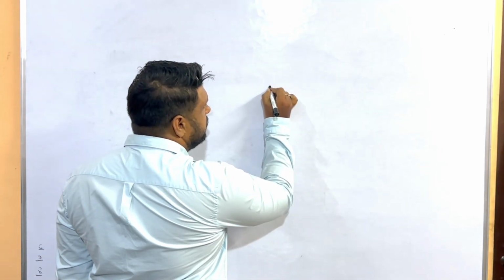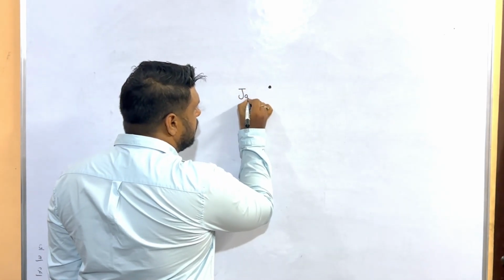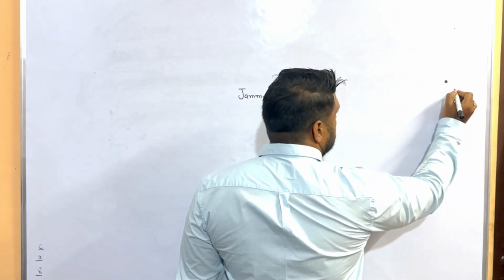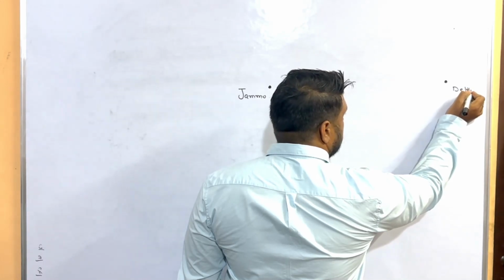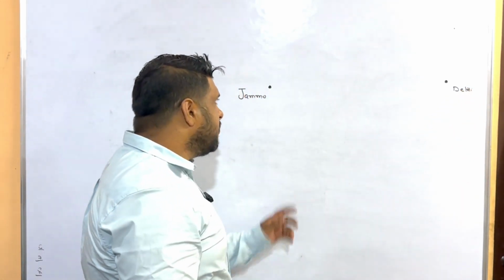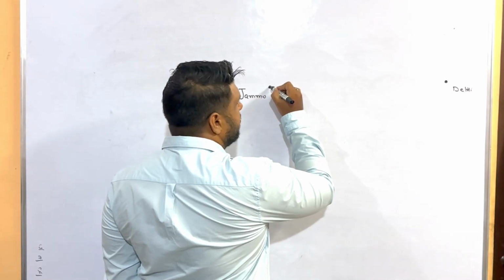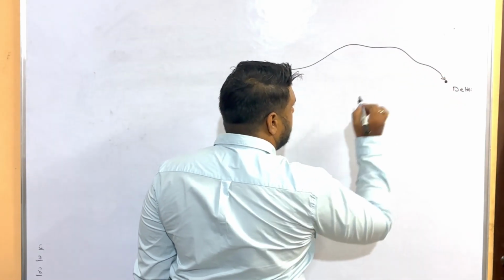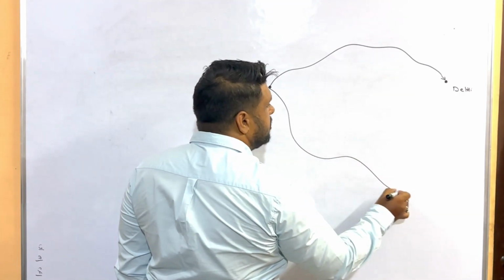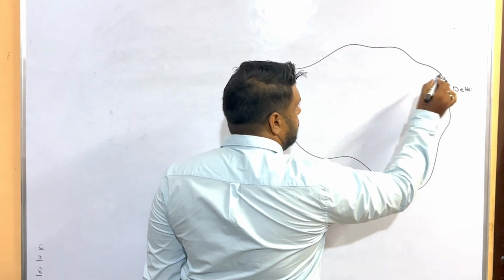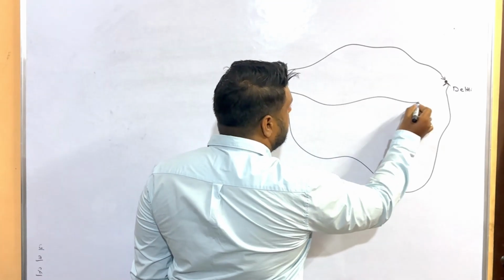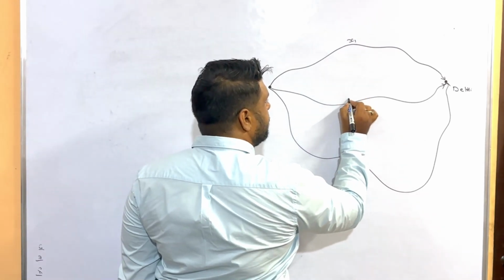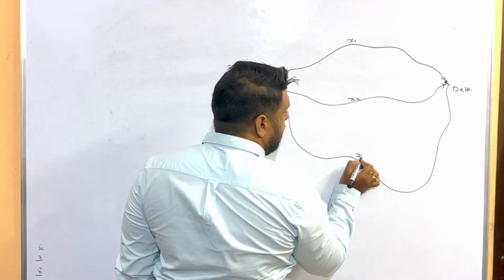Let's say this is Jammu, and here we have to come to Delhi. When I navigated from Jammu, it showed me three different ways. One path was like this to reach my location, one path was like this, and one was like this. Let's say the distances are x1, x2 and x3.